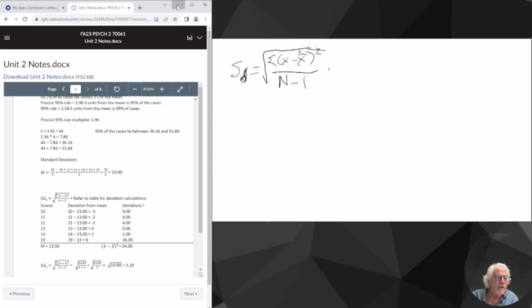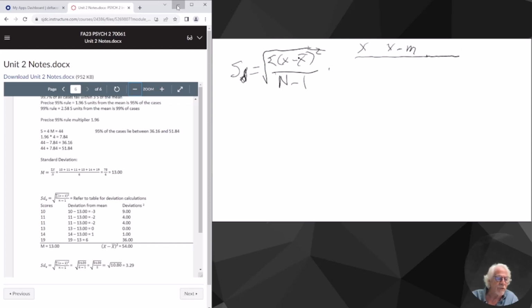So first, we need to compute what's in the parentheses, so we need to know what each of these is. We're actually going to do a table. It's going to be x, and then x minus the mean: the deviation, the difference between the score and the mean.